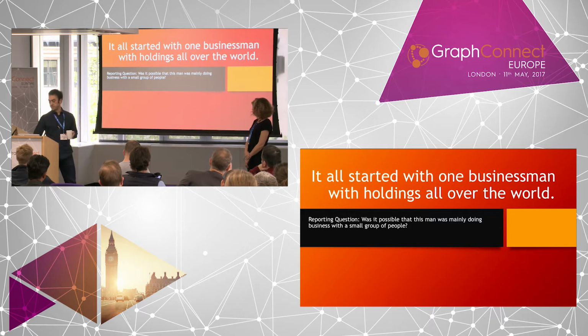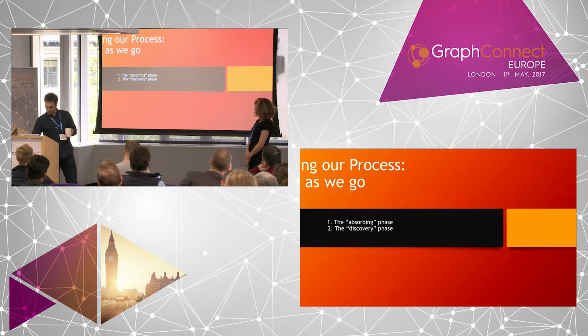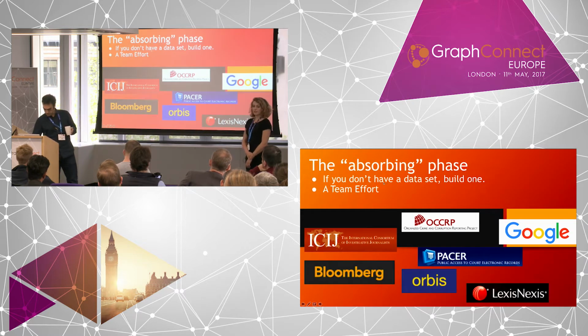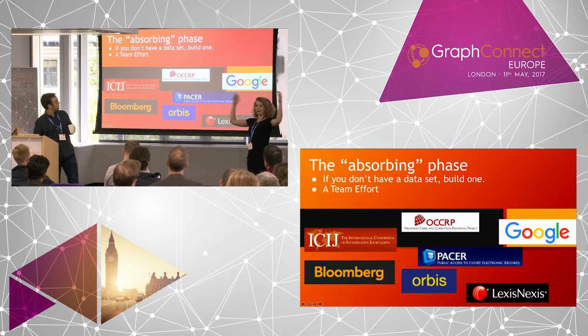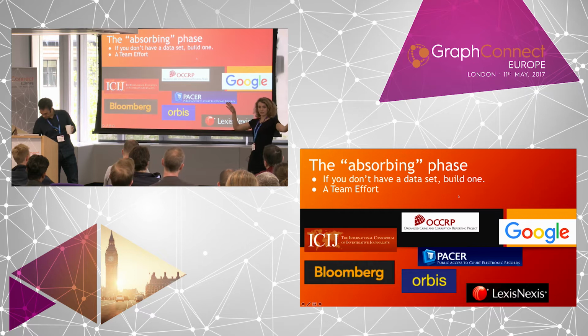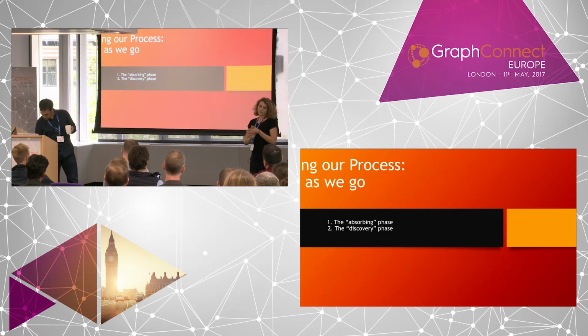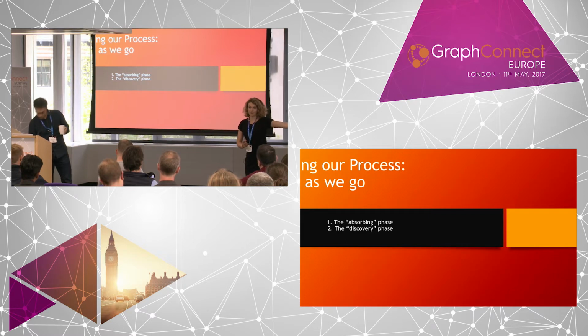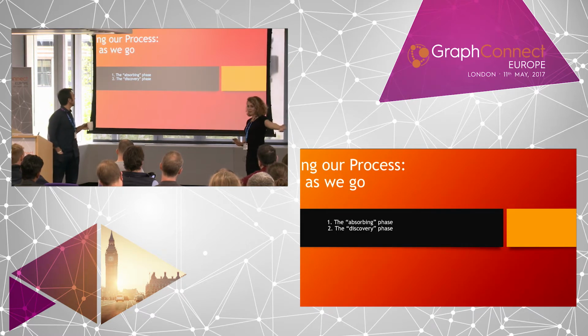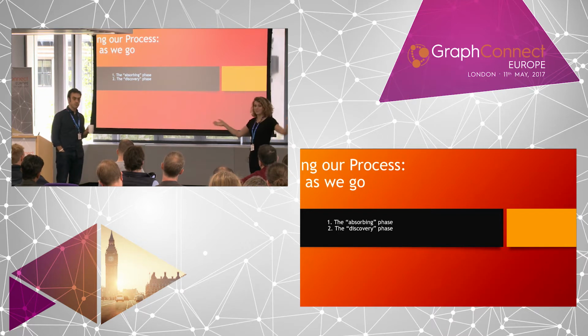That's what we're trying to get to. So basically the question is, in all of these holdings, all of these offshore companies, and all of these seemingly random business negotiations, has this man partnered essentially with the same small group of individuals? And that's our question that we think Neo4j can help us find, right? We're looking for paths in between two sets of people, right?